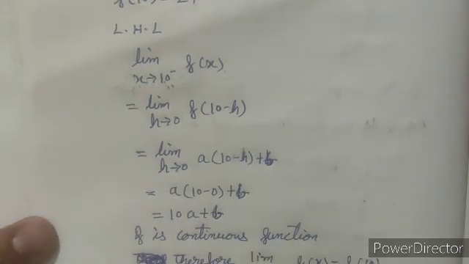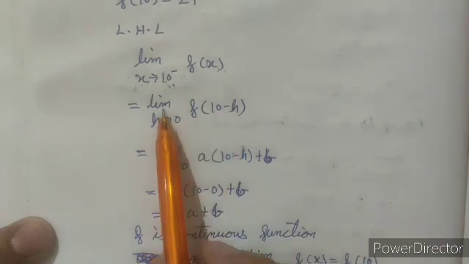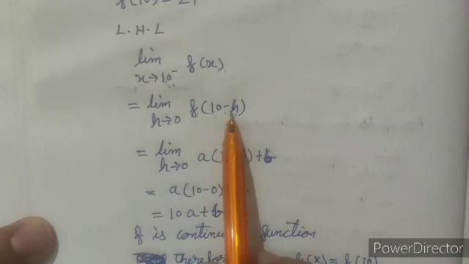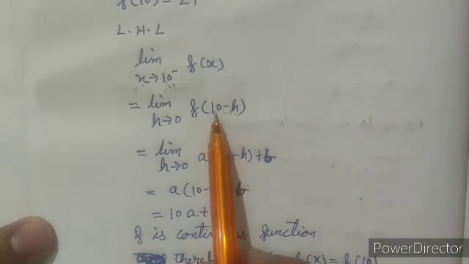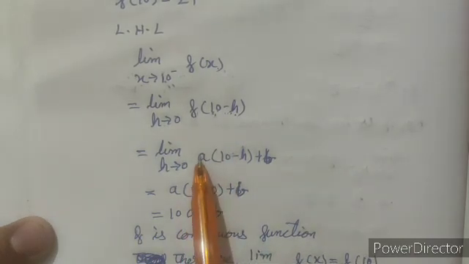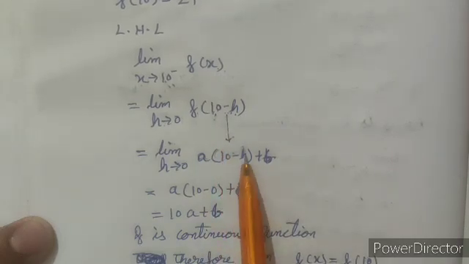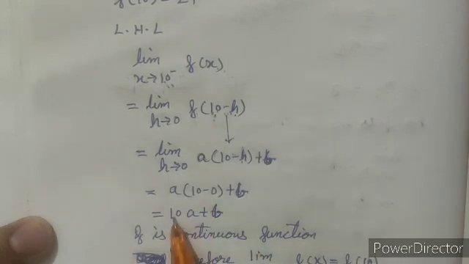Now limit x tends to 10 minus f(x) can be written as limit h tends to 0 f(10 minus h), and here 10 minus h means less than 10, and for less than 10 the value of f(x) is ax plus b, so that will be limit h tends to 0 a(10 minus h) plus b, and on putting the value of h as 0 we are getting 10a plus b.